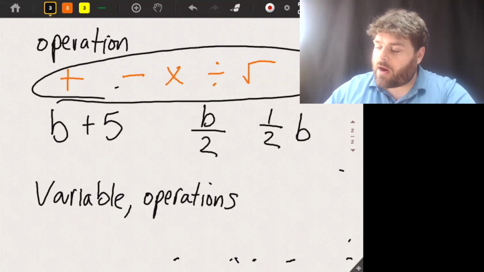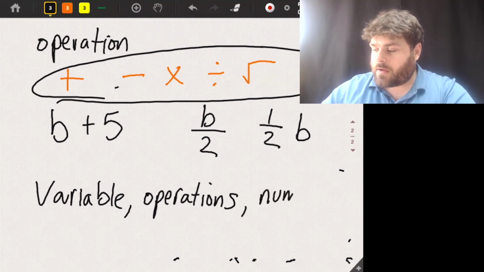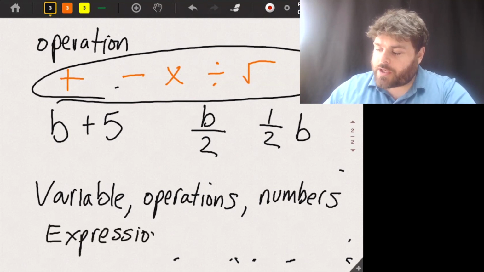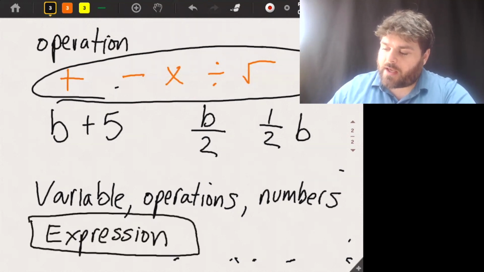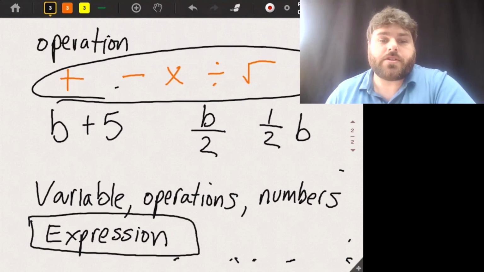When we take that variable and add an operation, and then we also include actual numbers, what do we get when we combine all those things? We get what's called an expression. So an expression is basically a combination of variables, numbers, and operations. When you combine those 3 things, you get an expression.